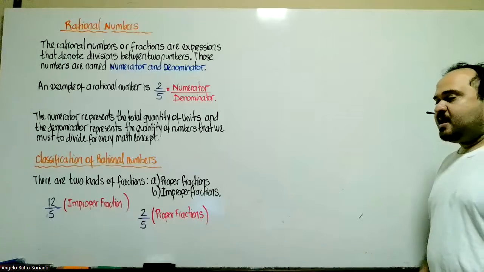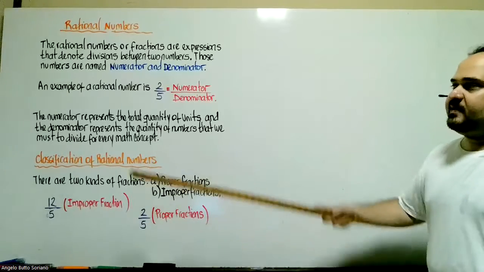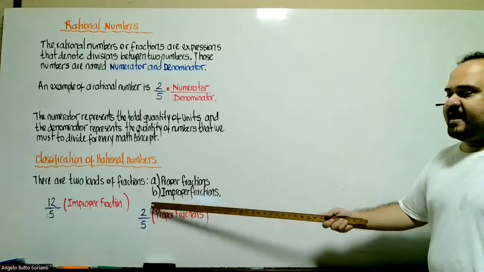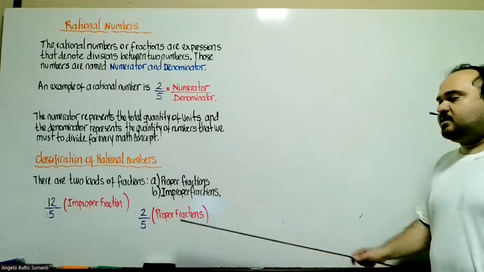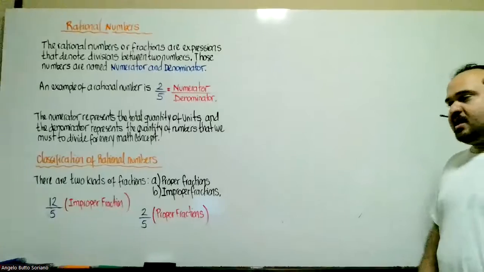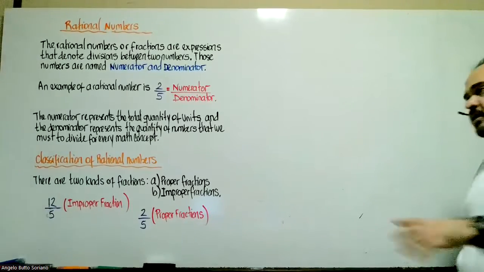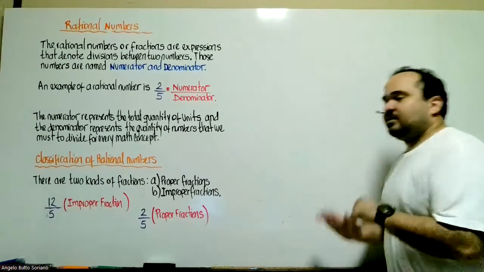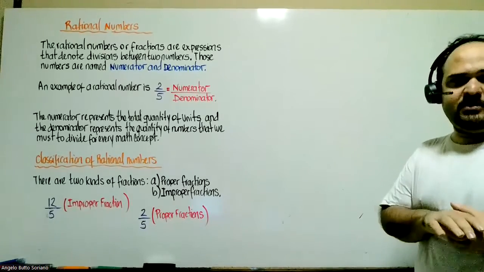On the other hand, the proper fraction is the opposite. We have the beginning example, 2 over 5, one singular situation, okay? This is a proper fraction because every time that we have a numerator smaller than the denominator, we obtain decimal numbers, but less than the unit.